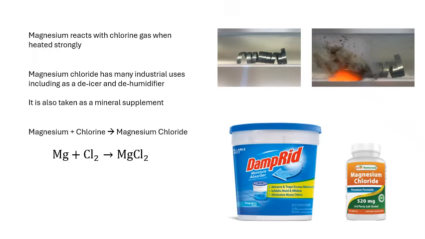And magnesium chloride as a supplement. We actually need a little bit of it, it's a trace element in our diets. So if you're short on magnesium, taking that, I think it helps depression, apparently, if there's a shortage of it. Anyway, there's the equation. It shouldn't take long to figure out balancing that equation, should it?